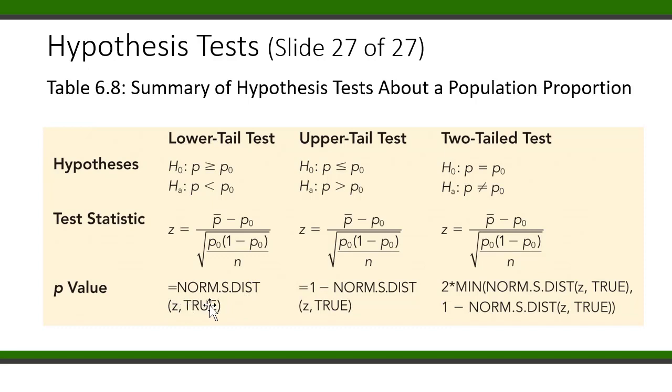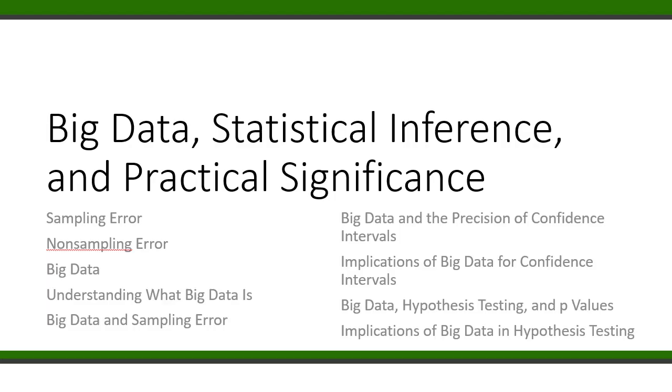We put in our Z value here and true, and then we can do 2 times the min of whatever this value is here for the two-tail test. Alright, so hopefully that's easy enough just to plug in and get those values when you're doing population proportion testing.